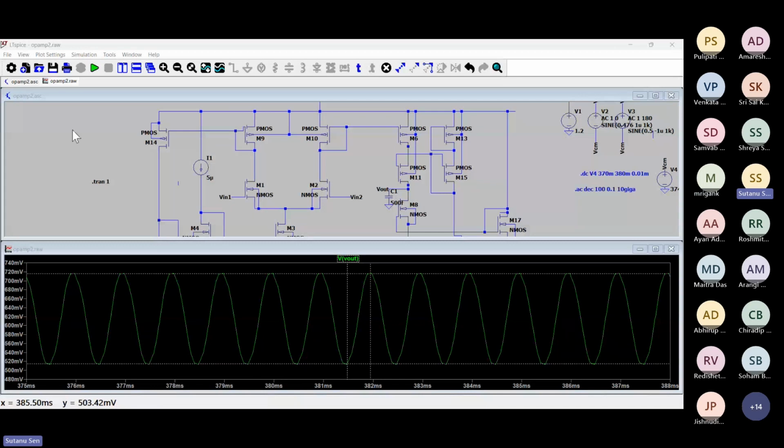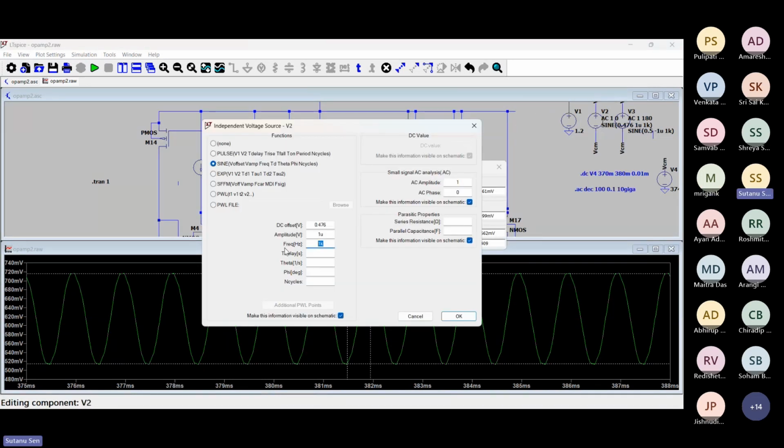Sir, 2 microvolt peak to peak. And this is 200 millivolt, so this is around 10 to the power 5 gain. Because you have taken a higher frequency, if you go lower in frequency, it will be even higher. So you can lower the frequency. I'll put it at 100 hertz.